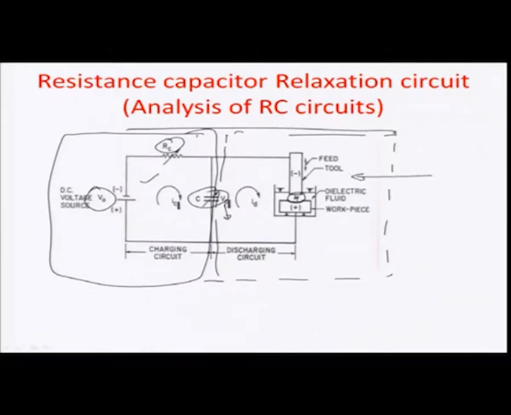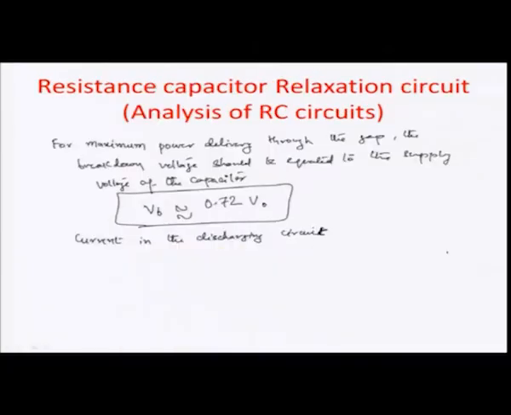So, you have an operational voltage 72% of the VO, the charging voltage in the capacitor, and if you apply Ohm's law in this particular circuit, the ID, that is the current across the discharging circuit, can also be written down as minus dq by dt, which is minus C dVCT by dt.